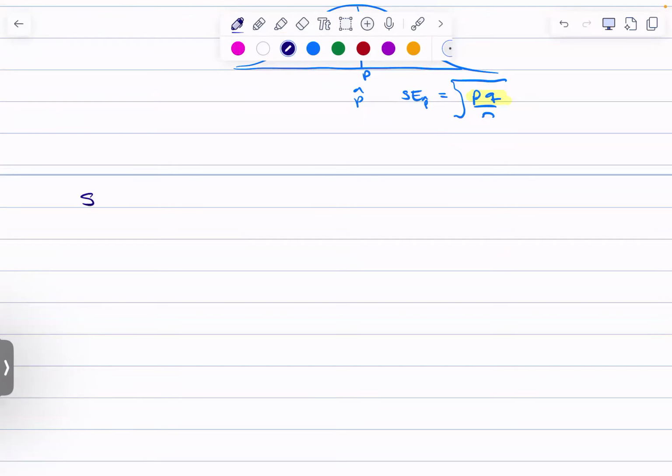So the standard error of p hat is the square root of pq over n. We don't know what p is.